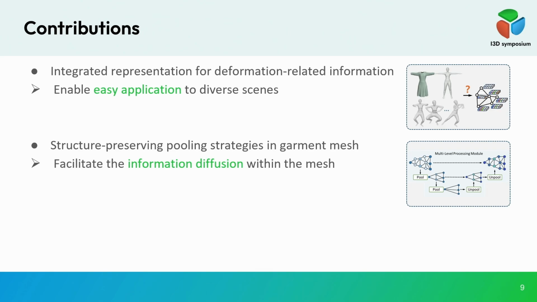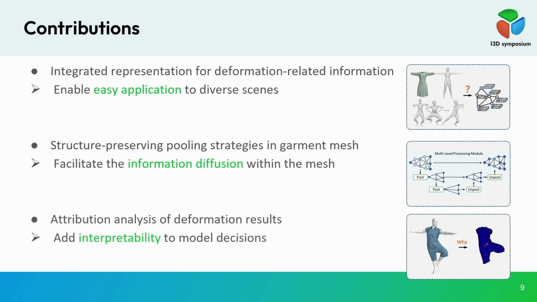This method helps spread information throughout the mesh, improving the quality of the deformations. Finally, we perform an attribution analysis for evaluation, showing how the proposed strategies impact network decisions and directly influence the behavior of garment mesh nodes.